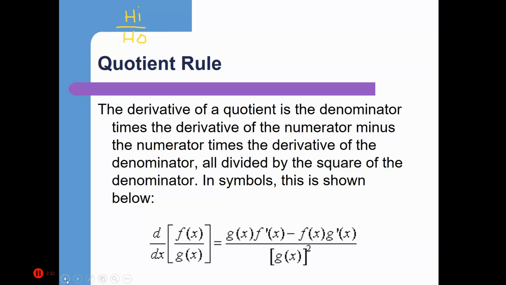So you can say ho d high, where the d stands for the derivative. So ho d high minus hi d ho, all over ho ho. So hi ho, it's off to class you go. Ho d high minus hi d ho all over ho ho.